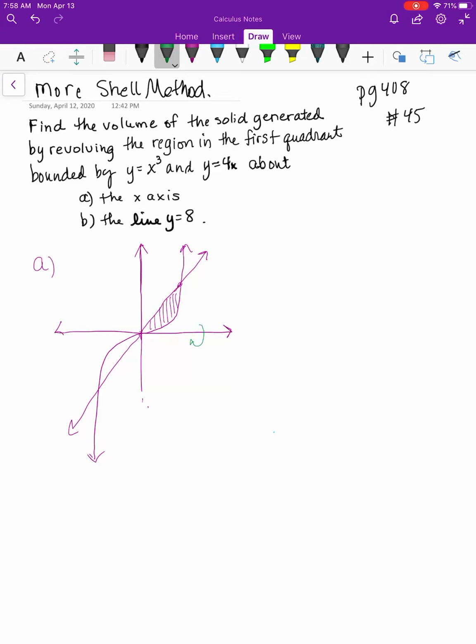And they're wanting us to spin it about the x-axis for part A, okay?